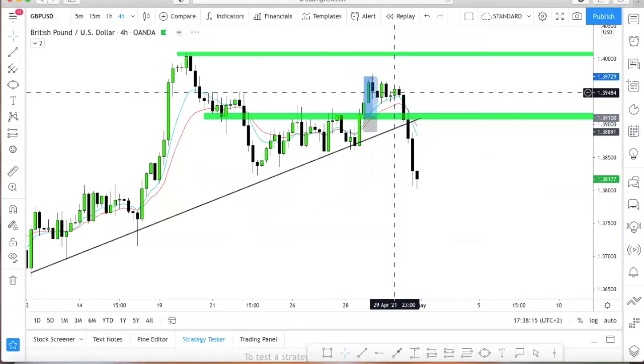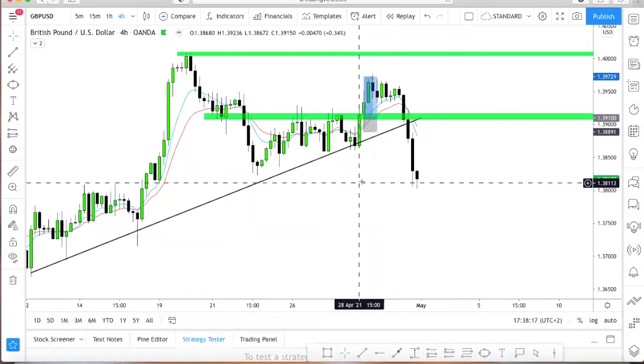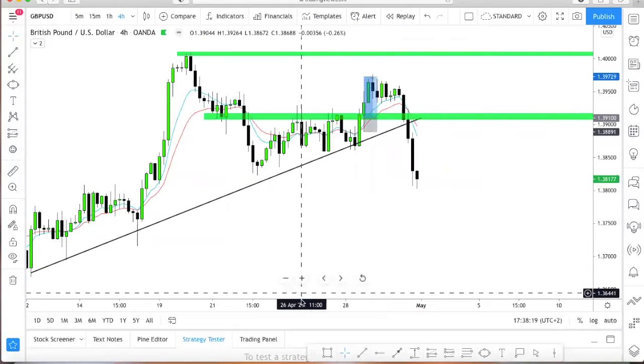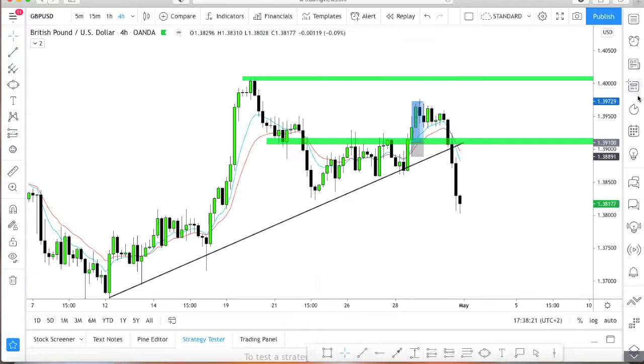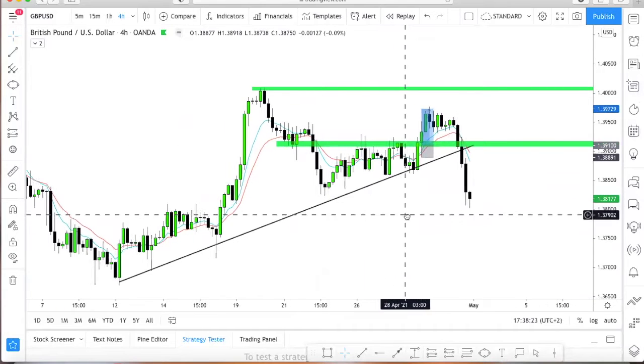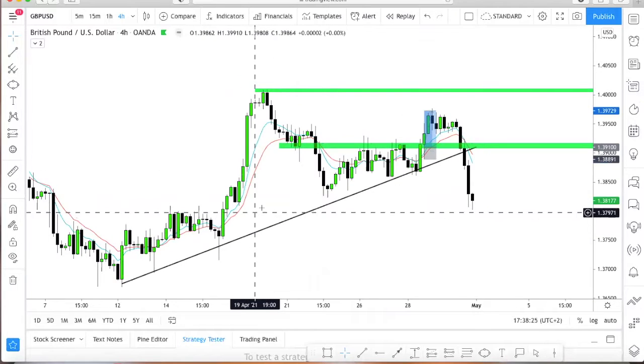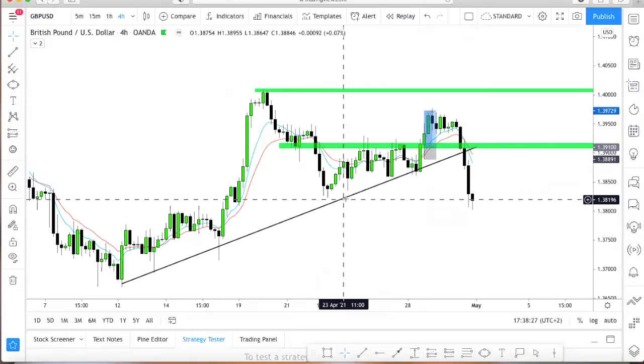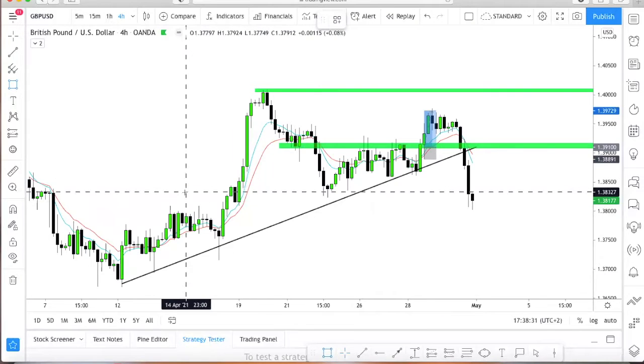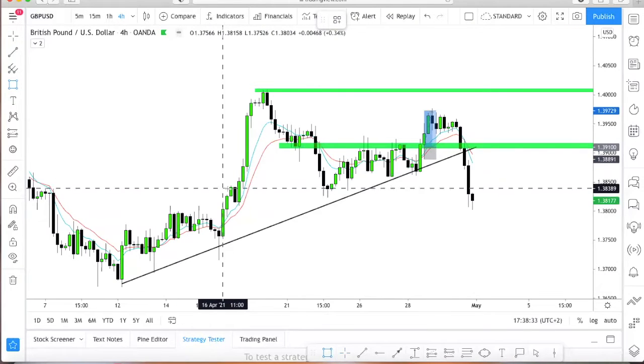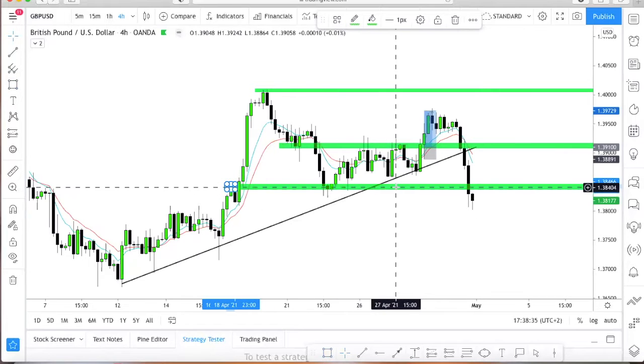The next currency that we analyzed was GBP USD. If you can remember, when we analyzed, we did see that the market was coming down. I did have a key area over here as well.